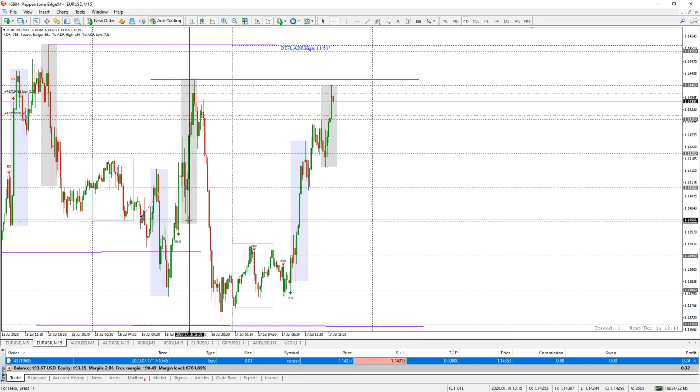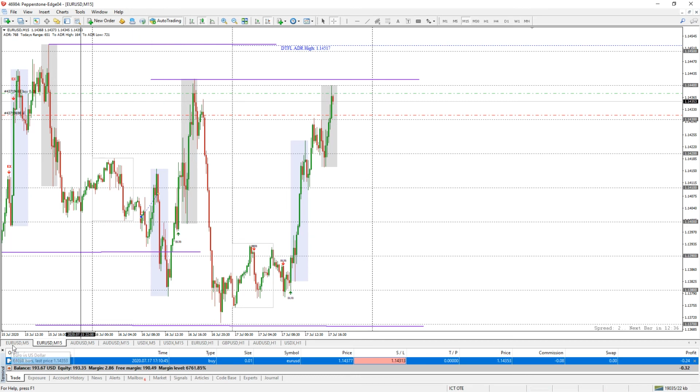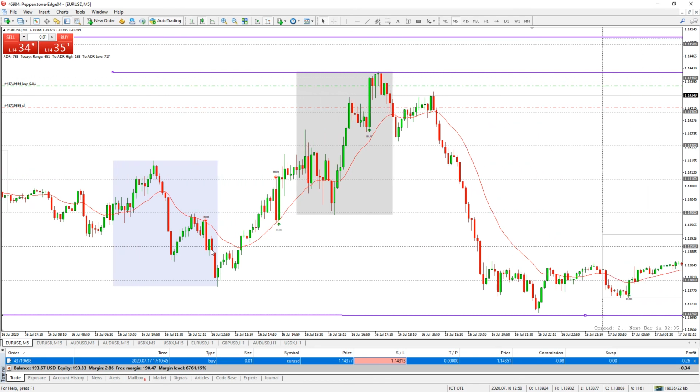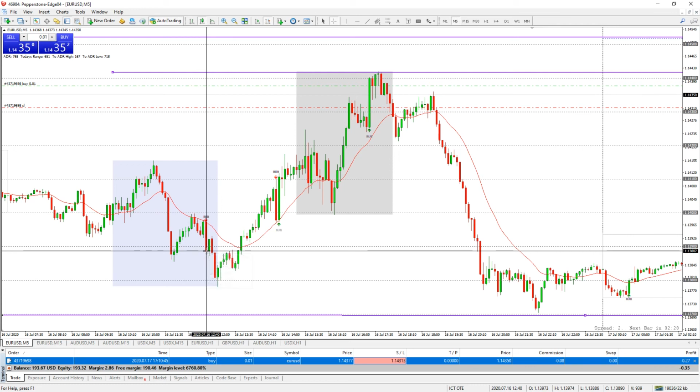So I did get the signal here, and in fact I actually got another signal on the sell side over here. Of course, we're not looking for a sell, but if you were to take this sell side, you would have to get out really soon to move your stop to at least break even, and then maybe you just came out with break even.